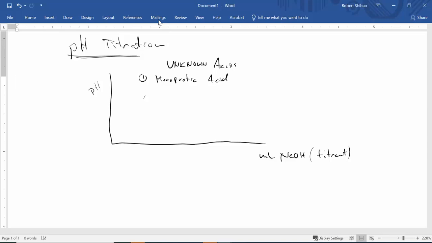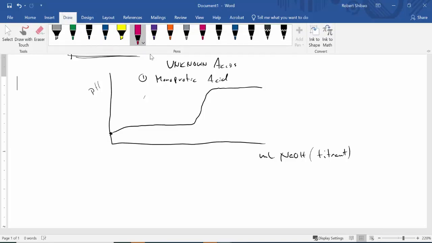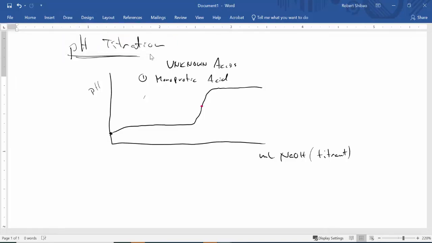If you have a monoprotic acid, then what happens with the pH is it starts off lower here, and then it goes up a little bit and flattens out. And then there's a steep rise in the pH, and then it flattens out again. This steep rise in the pH at the inflection point here, this is what we call the end point.